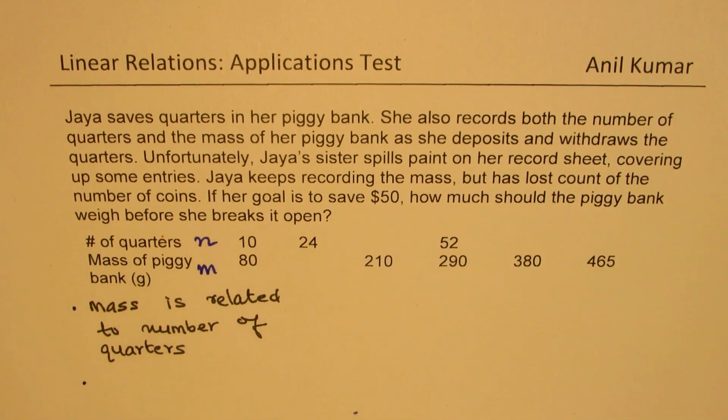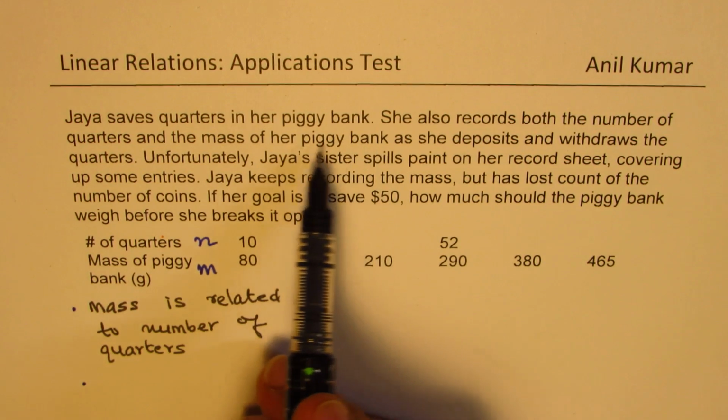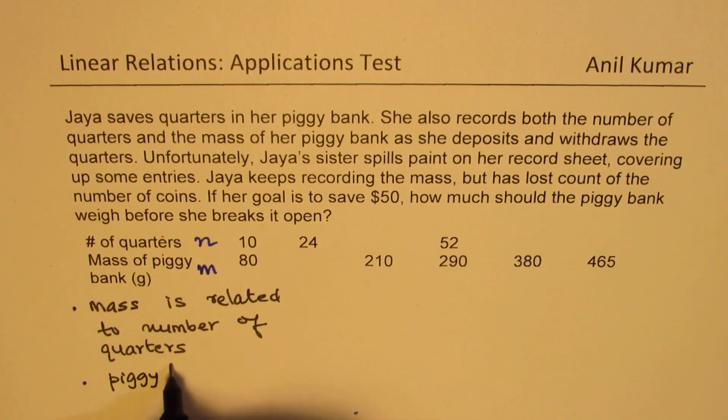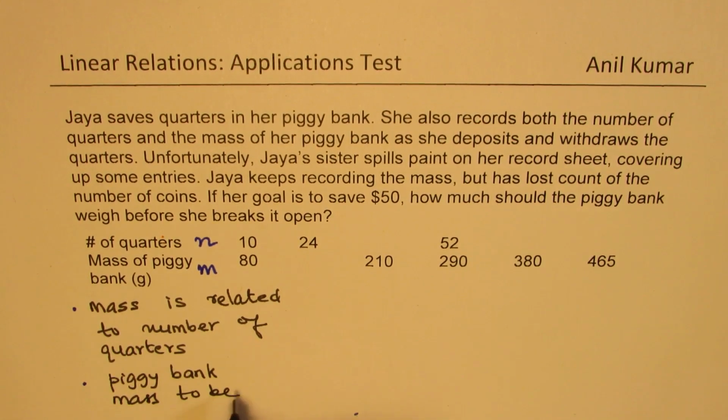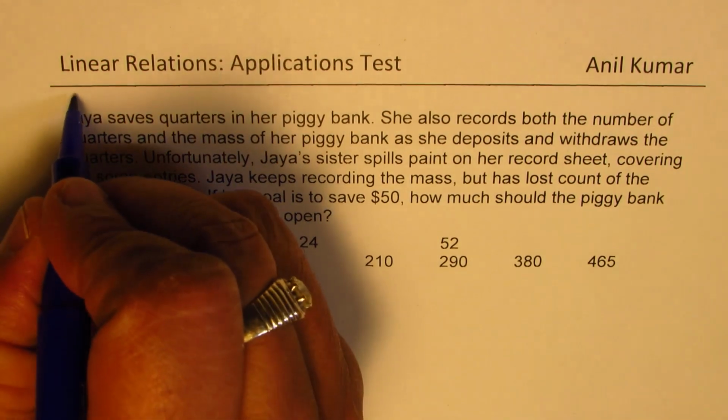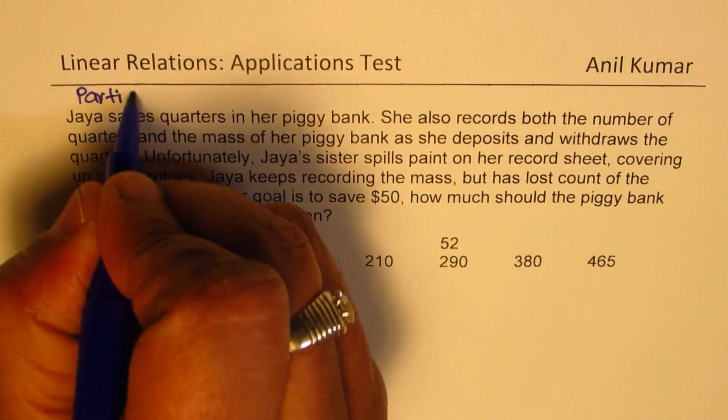Second, we also know that the piggy bank itself will have some mass, which is to be considered, because if we don't put any quarters, even then that piggy bank is going to weigh something. So clearly we have an example of partial variation.